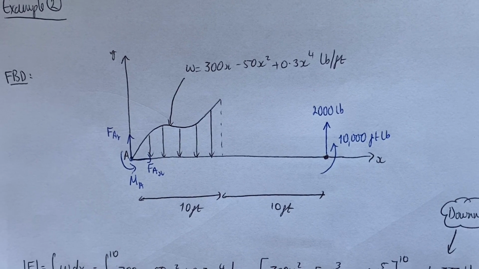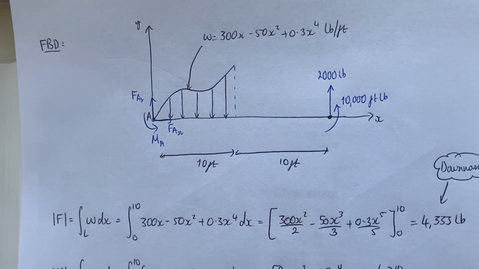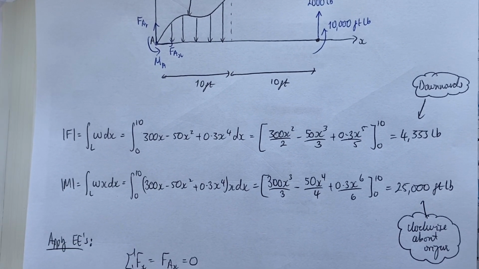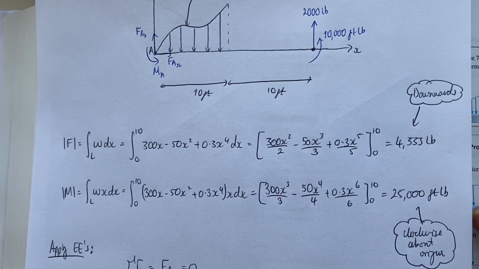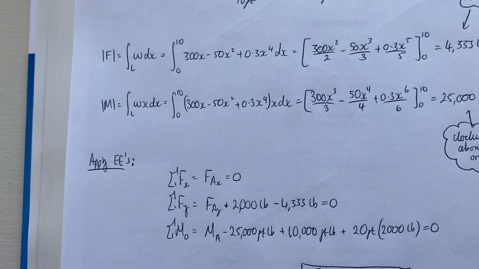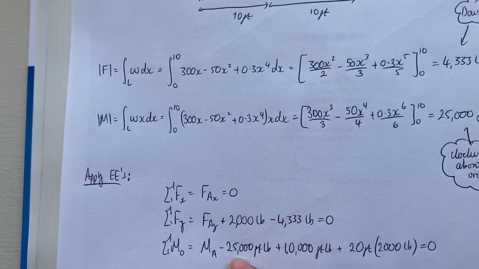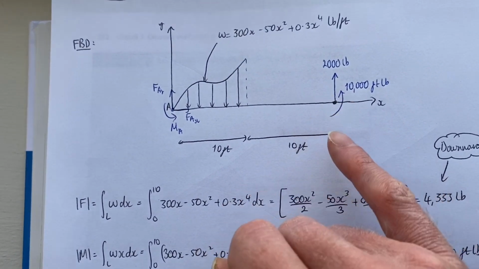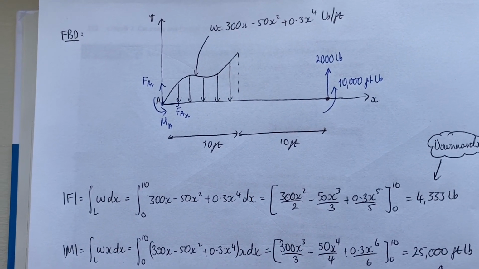I'll have the magnitude 25,000 foot-pound moment in a clockwise direction. So remembering that this here is negative. I'll also have this 10,000 foot-pound moment acting on the beam.